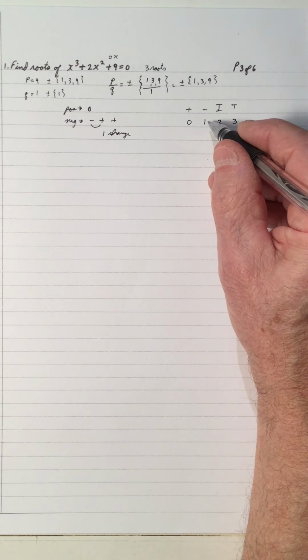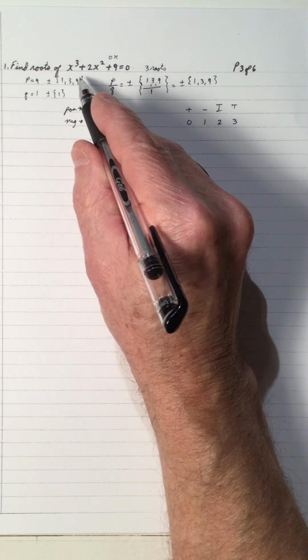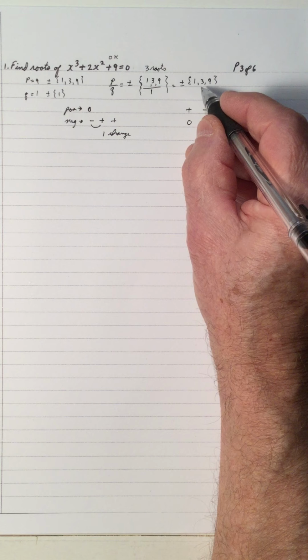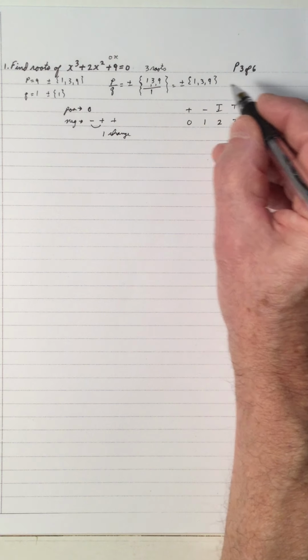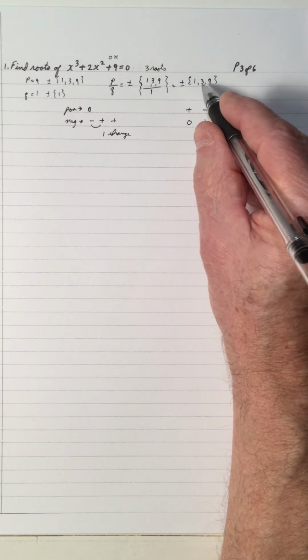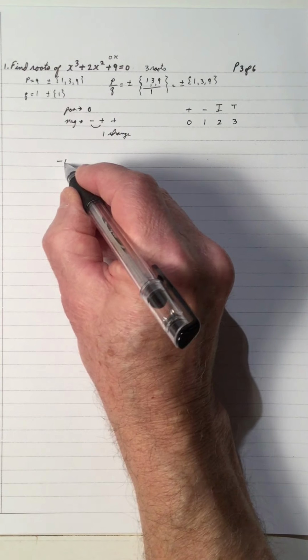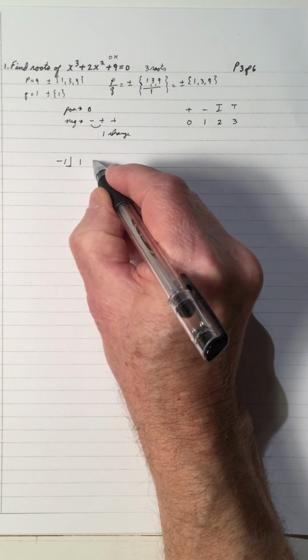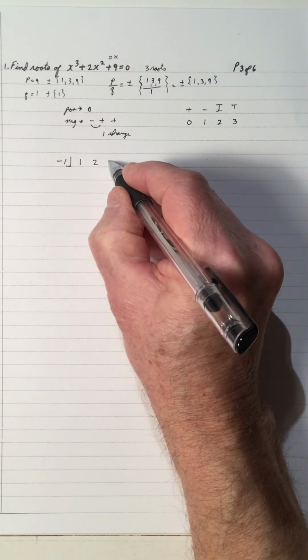So remember that 1 is not a root, so we have to check the negative values. We have no positives, so the negative root would be negative 1. So synthetic division: 1, 2. Notice the 0 has to go in here.